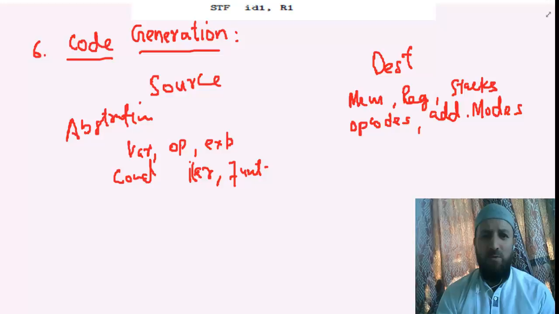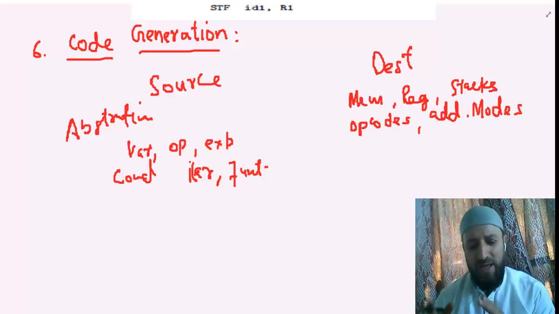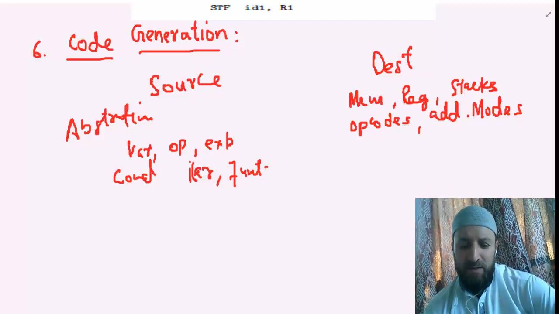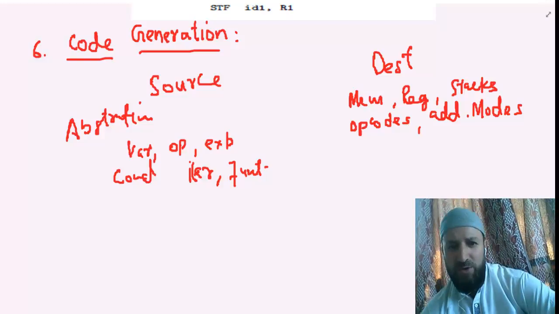We have to do a lot of mappings, okay? Like these identifiers to locations in the memory or in registers when we do operations of these, okay? We may have stack, which will talk about functions, and we may talk about addressing modes, how we are accessing these addresses and all those things.